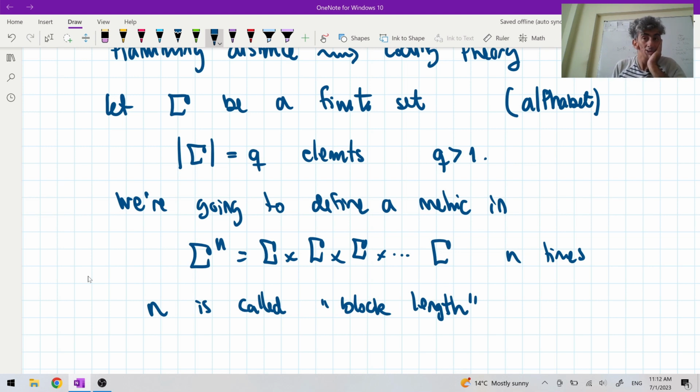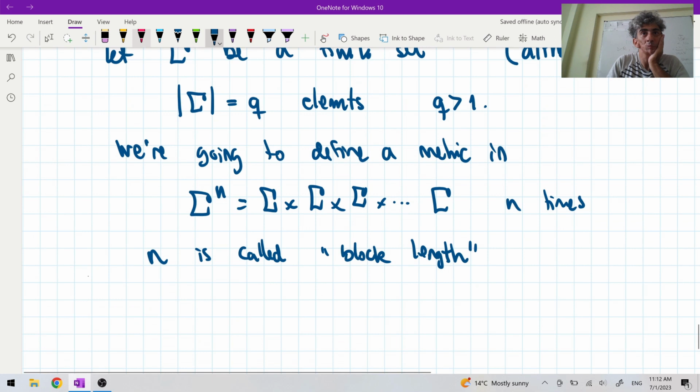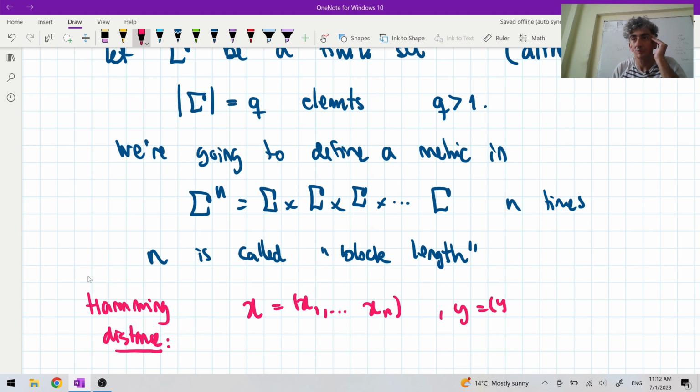And we need to define a distance here. We're going to define the Hamming distance. So let x be a vector and let y be another vector, both in sigma to the n.